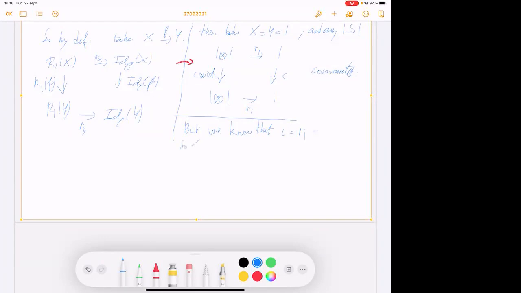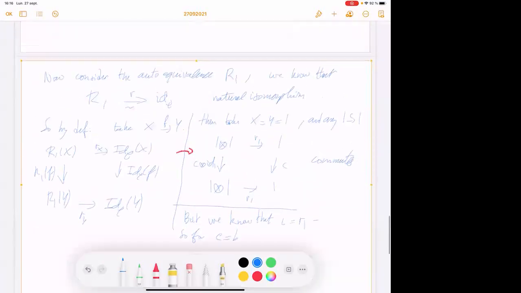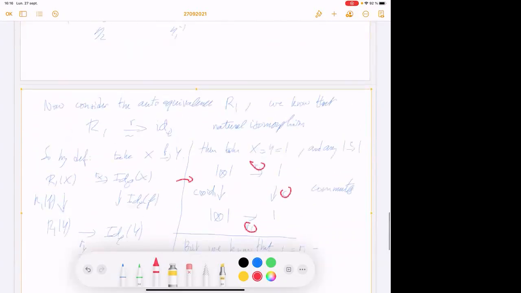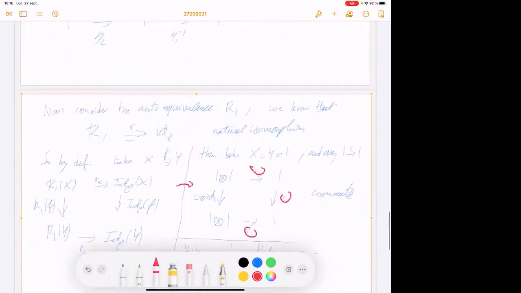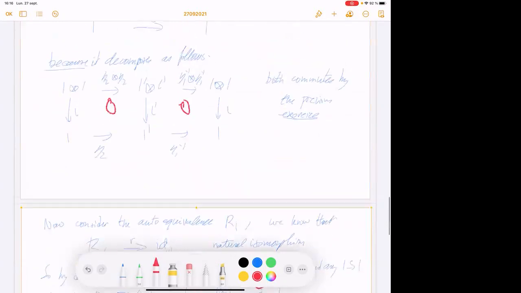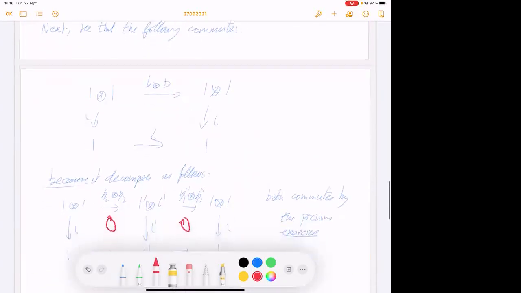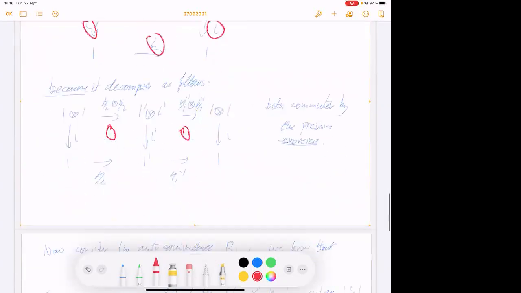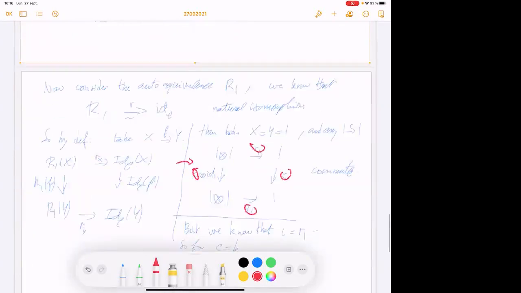So for C equal B, you put iota B here. So this really looks like that, iota B and B tensor B here. But here we have B, identity of 1.